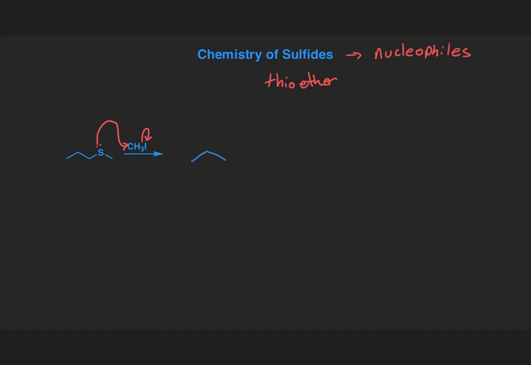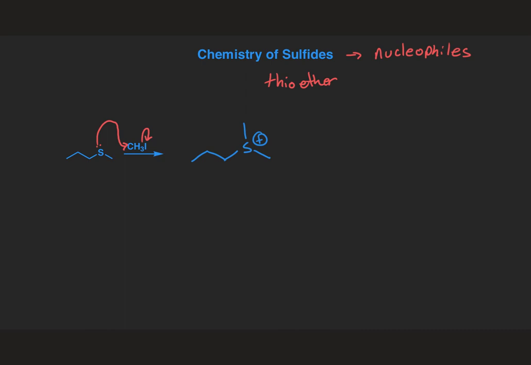You're going to get this sulfur with a positive charge on it, because it's got 3 bonds. Much like oxygen, sulfur prefers to form 2 bonds, but it can form 3, and when it does, it gets a positive charge.